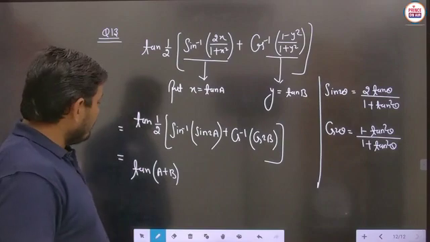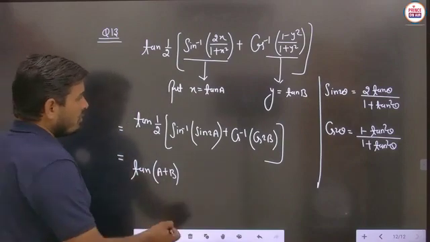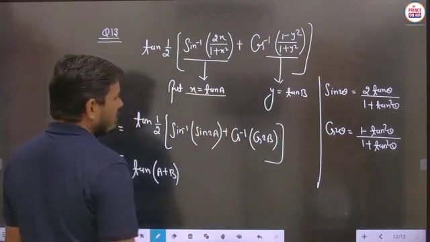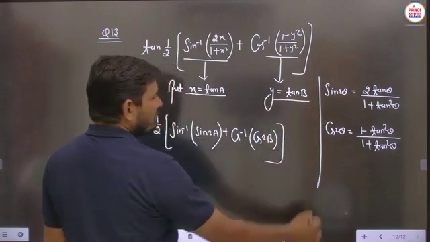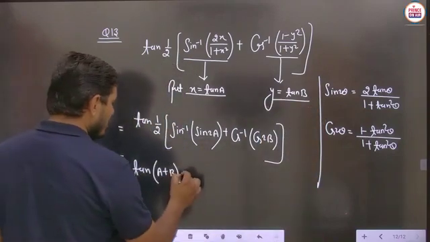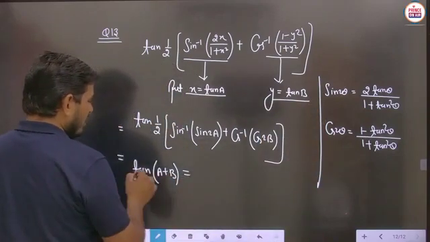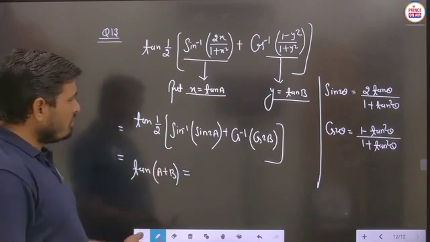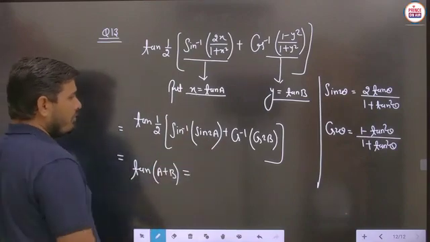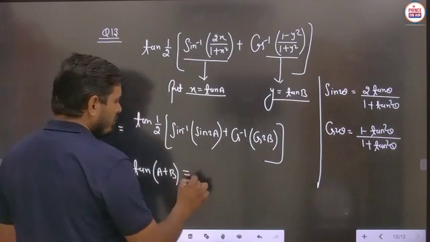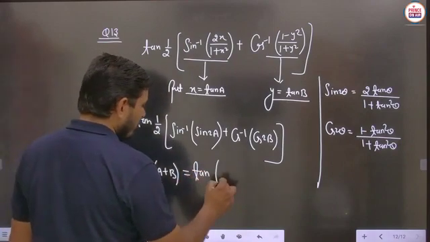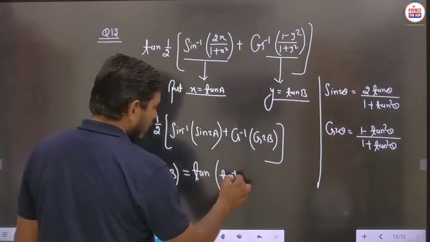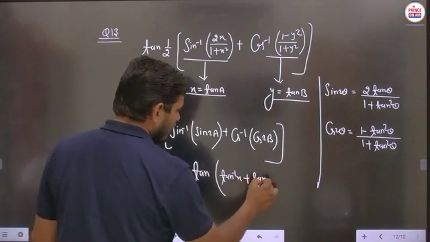Then definitely a is tan inverse x, and b is tan inverse y. So you can write it here, or you can use the formula of tan a plus b also, no problem. After that you can put the value of a and b, so it should be tan inverse x plus tan inverse y.